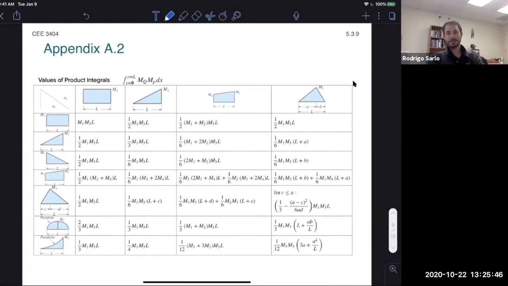This table gives you the products of some common moment shapes, and so you can avoid doing the actual integration part. It may save you some time depending on if you're dealing with very complicated stuff. So we'll do an example of using these tables as well.